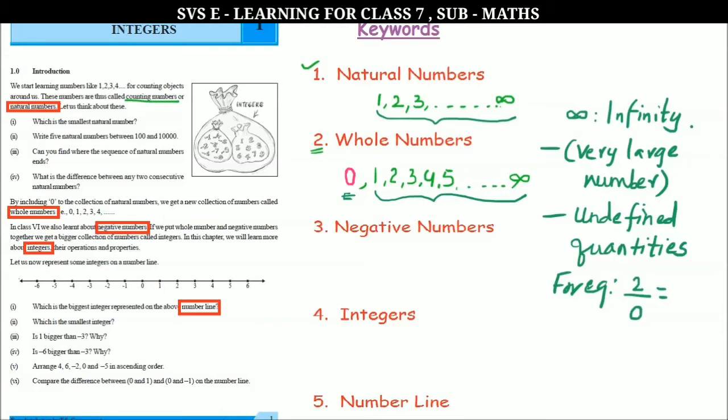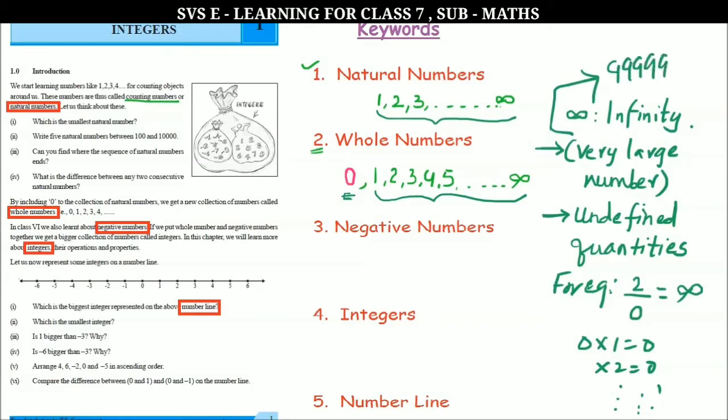You cannot solve this, because 0 times anything is 0. 0 times 1 is 0, 0 times 2 is 0, and so on. So this fraction is not defined, so we can say infinity. So it is used to represent undefined quantities or a very large number. For example, a very large number like 9999999, where the 9's keep going. It's a very giant number, so instead of writing it all out, we can just say infinity.